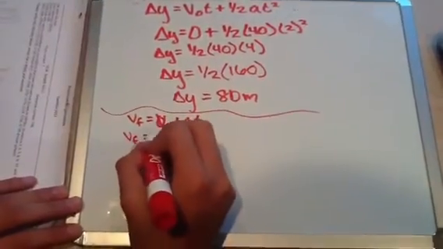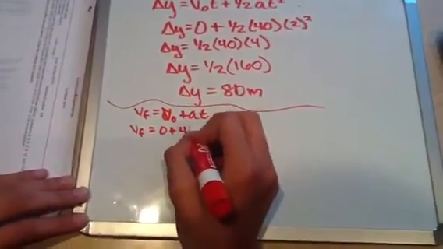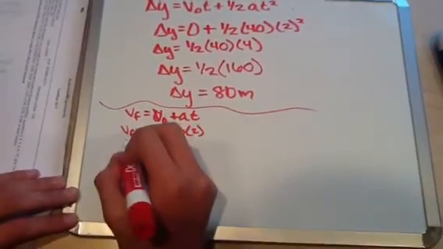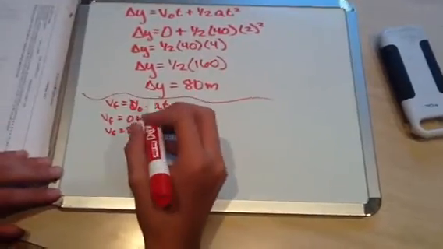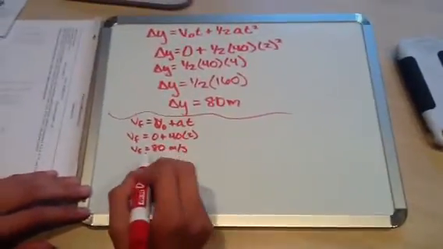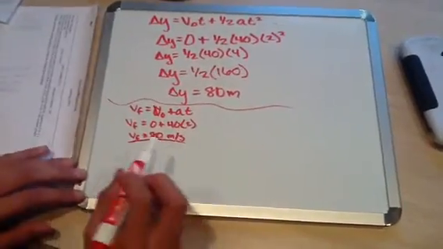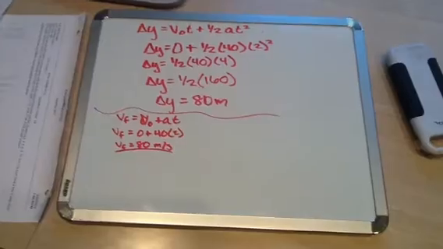V final equals 0 plus 40 times 2 seconds. The initial velocity is equal to 0 because the object starts at rest. So we find that the final velocity is equal to 80 meters per second.